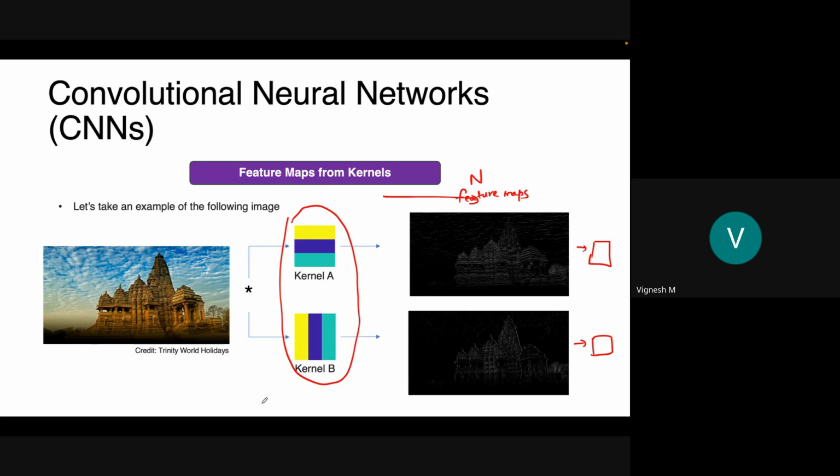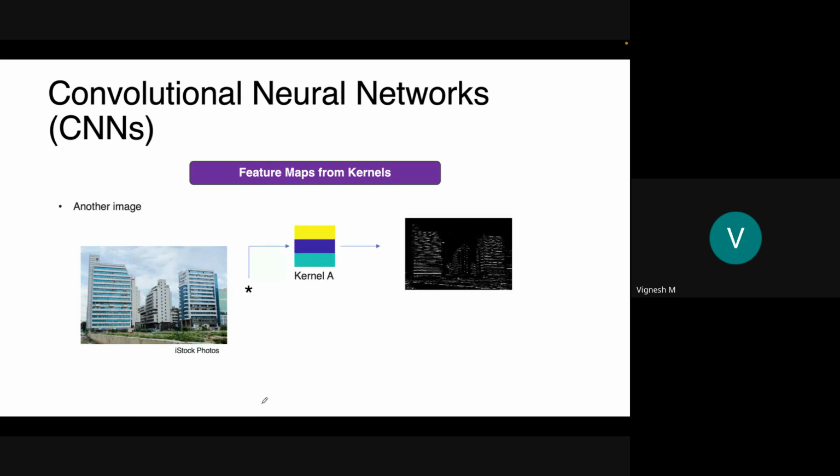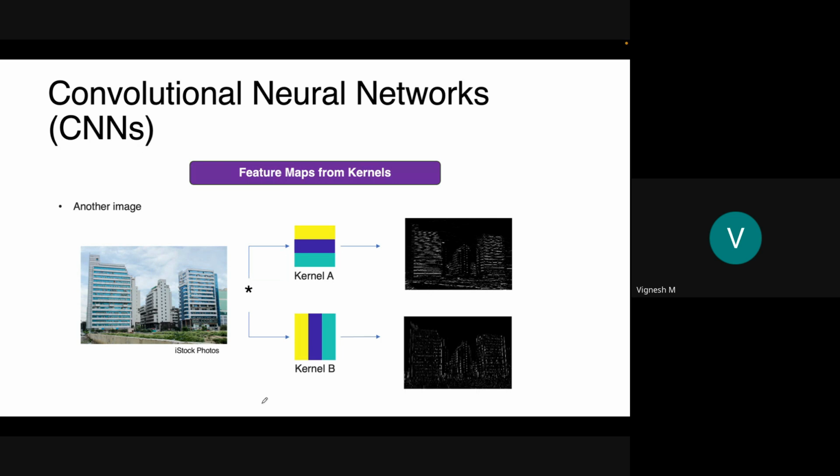Okay, so the main point that I want to make about this is, let's take another image like this, right? This is a much more modern building-like image. You do the same thing, and this way you are getting both the horizontal and vertical lines. But what is the aim of CNNs? What are we trying to do with CNNs?